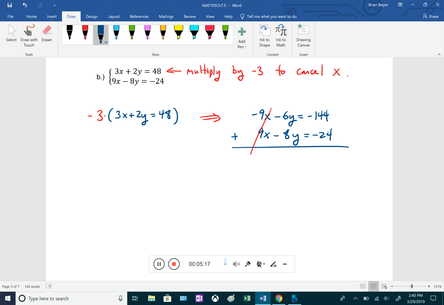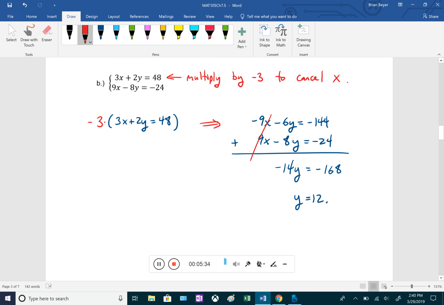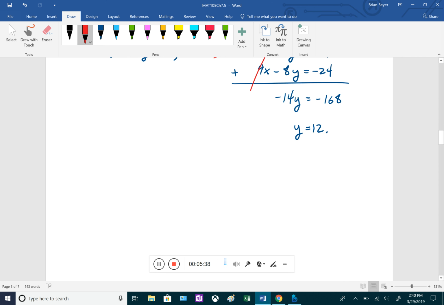Negative 6 plus negative 8, we get negative 14y equals negative 168 when we add those constants. Divide both sides by negative 14. We get y equals 12. So we had to adjust this one by multiplying by a number. Now we're going to plug y equals 12 into one of the originals to find x.